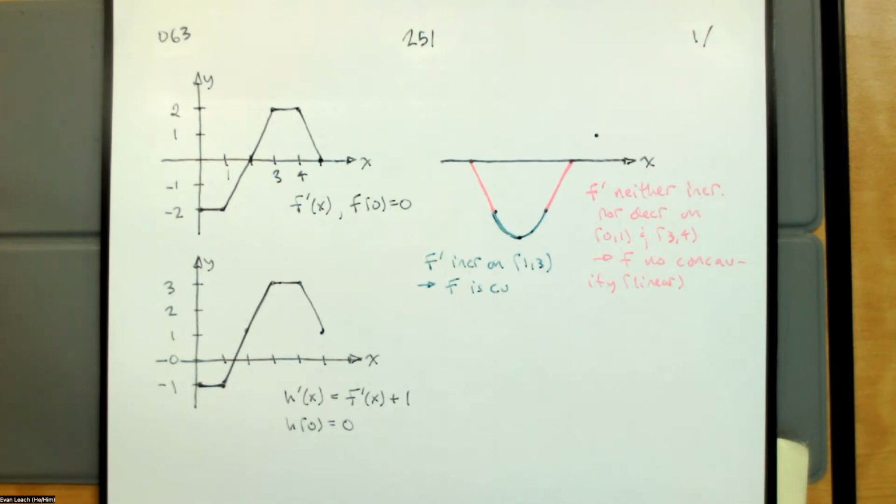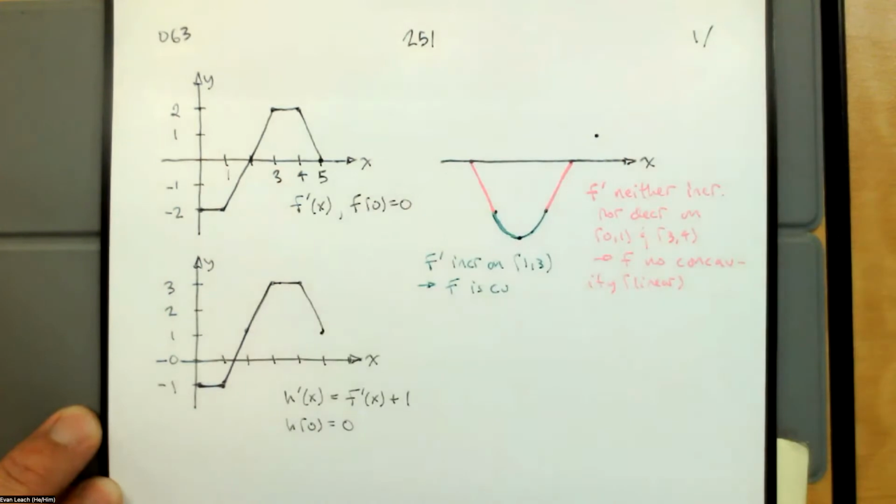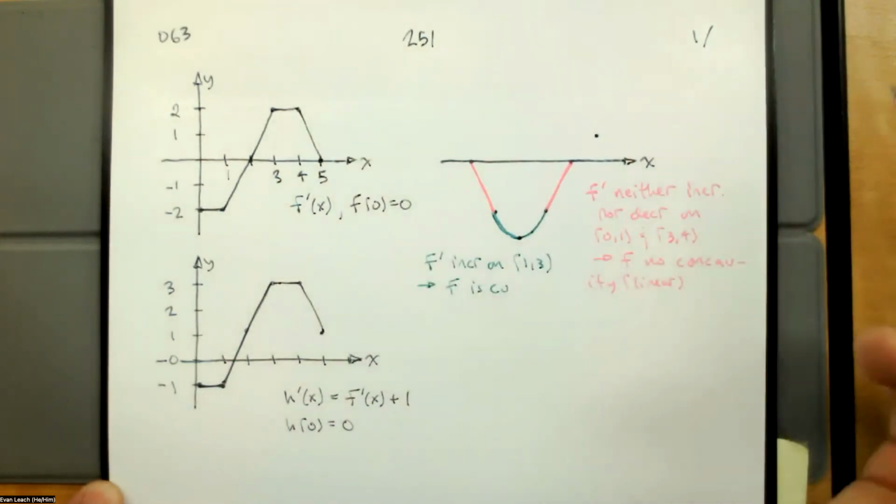And then from 4 to 5, we see that the derivative is decreasing, so the function is going to be concave down.